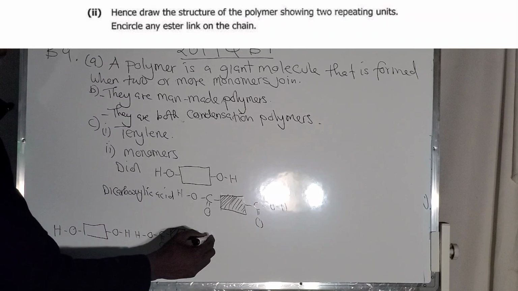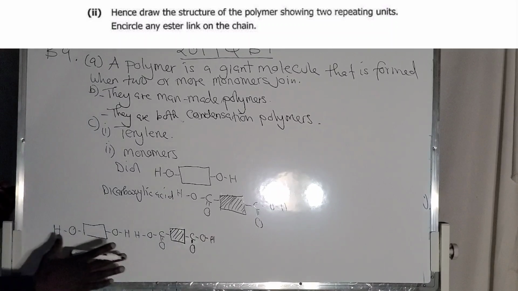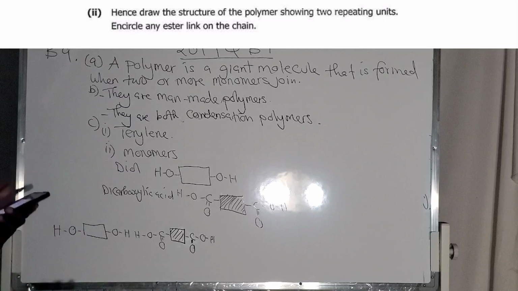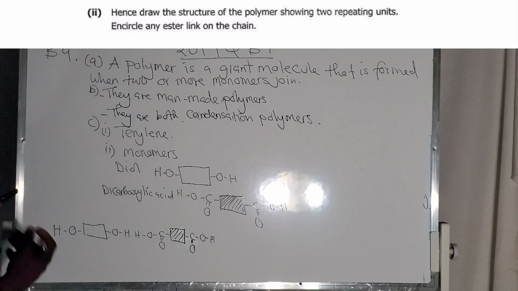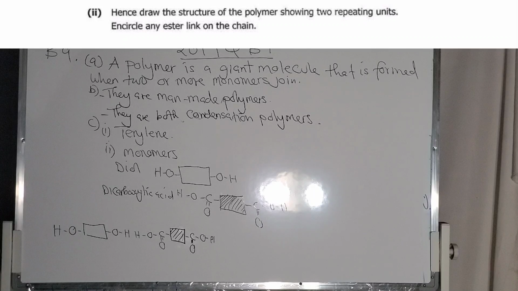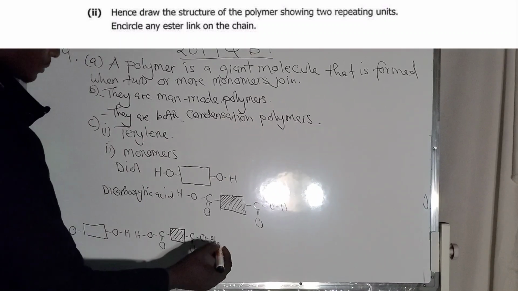This side you have oxygen, which is hydroxyl. Then this is one unit. If you want another repeating unit, you need to draw another diol and dicarboxylic acid.